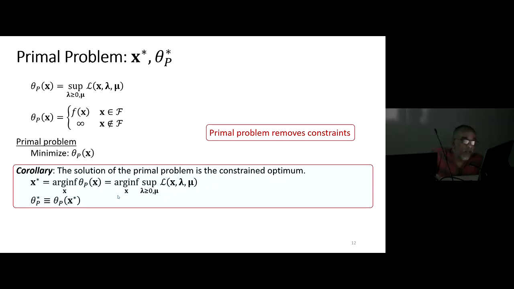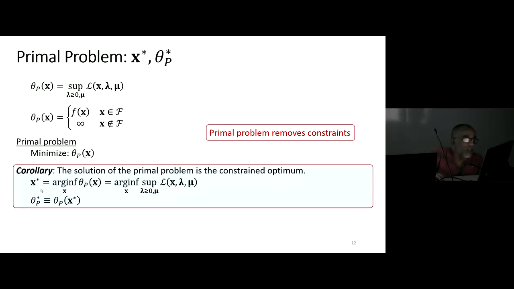Note that what we are doing is we are taking the Lagrangian and then we are maximizing over the dual, and then we are minimizing over the primal. And instead of trying to minimize the objective function f of x within the constraints, we choose to minimize theta p of x without any constraints.